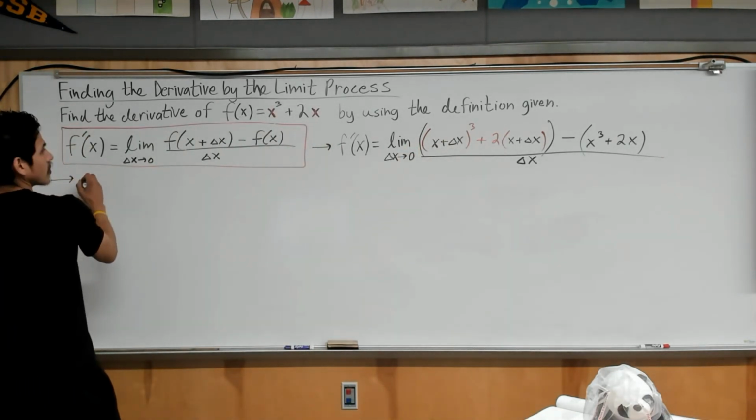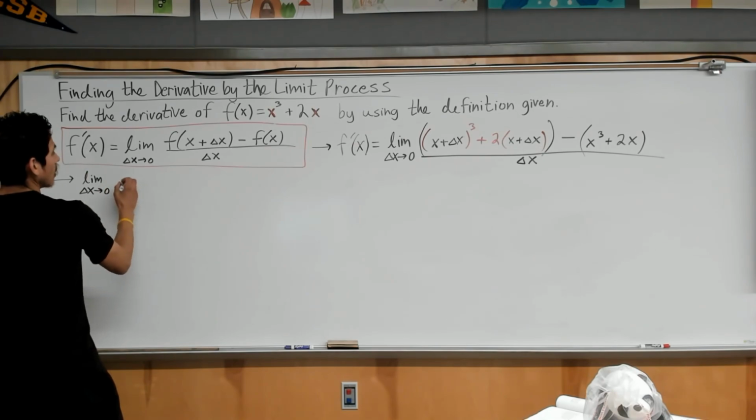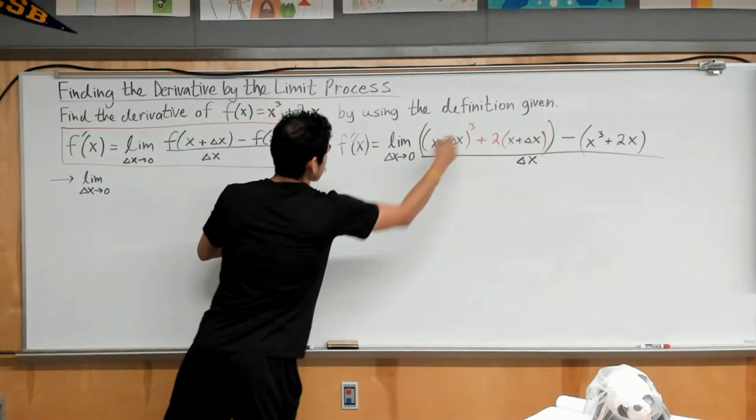Going to the next step, this will be the limit as delta x goes to 0. So we're going to cube this.